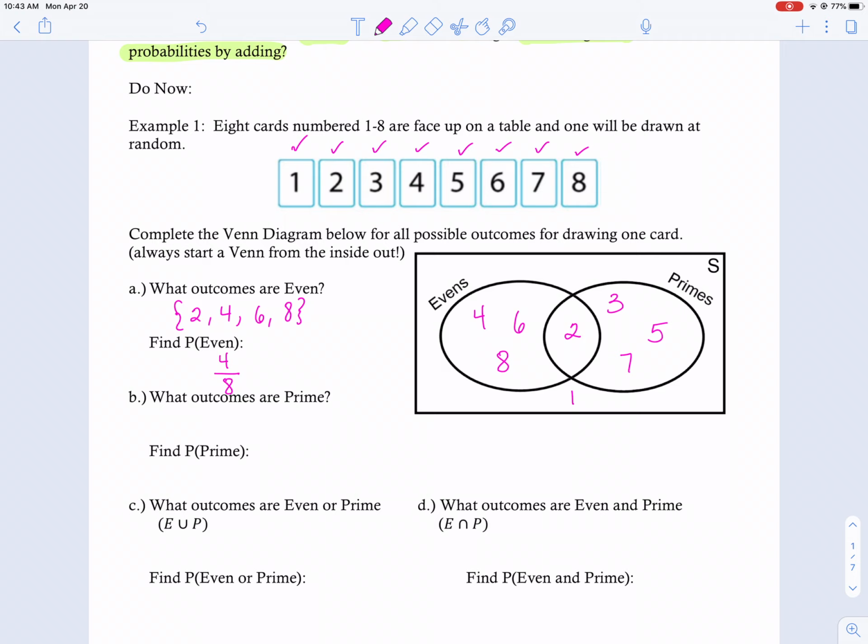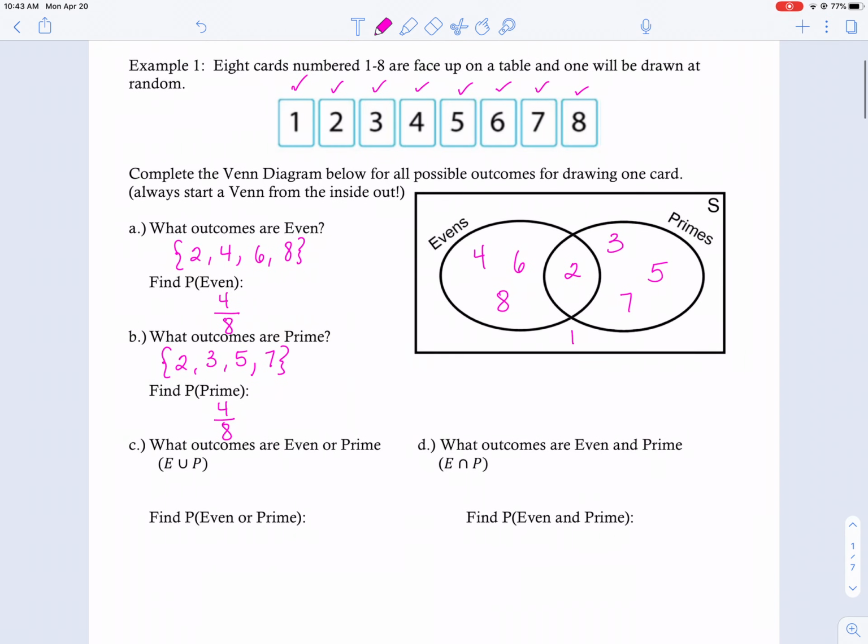There's 4 possibilities: 2, 4, 6, or 8. What outcomes are prime? Well, the primes are 2, 3, 5, and 7. So what's your probability of getting a prime number? That would be 4 out of 8.